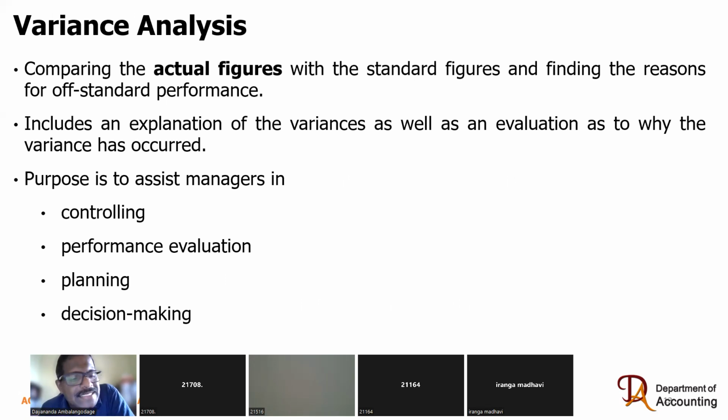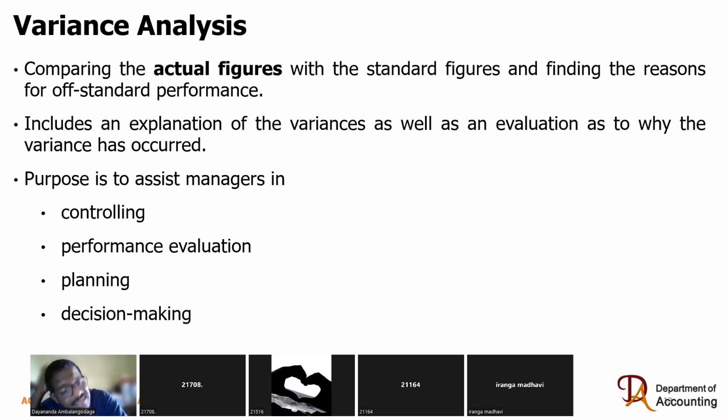So variance analysis we can use for different purposes. We can use it for controlling purpose. We can use it for evaluating performance, because standards, targets are given for our employees. And we can evaluate our employees or division or branch against those targets and standards.